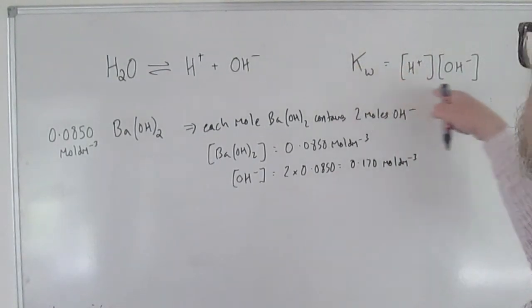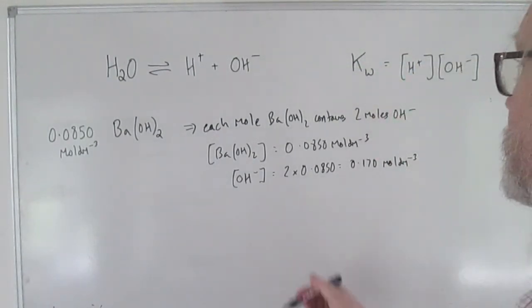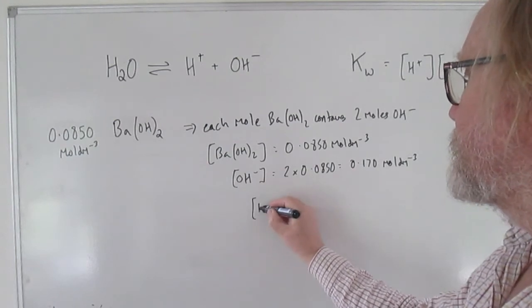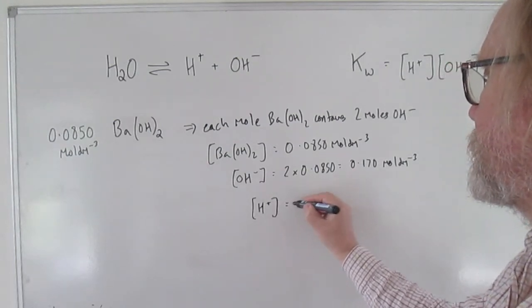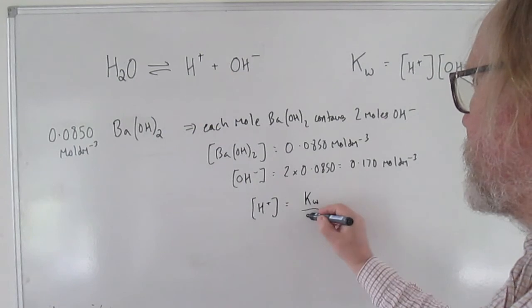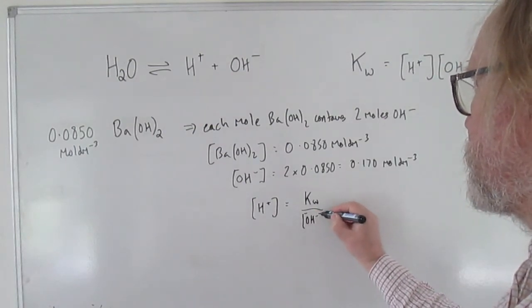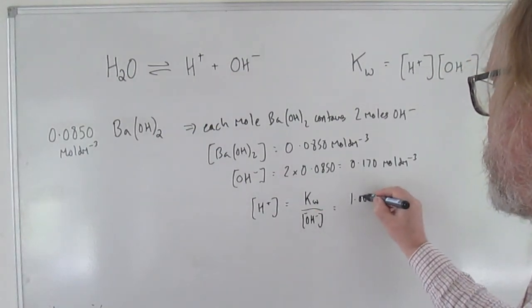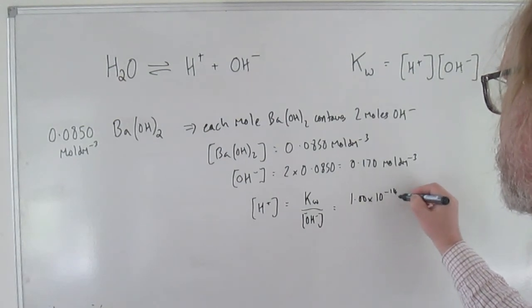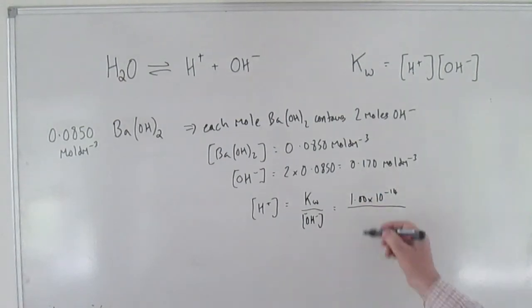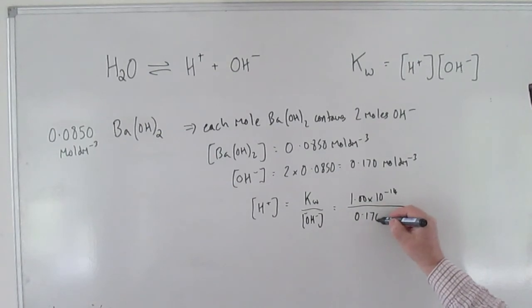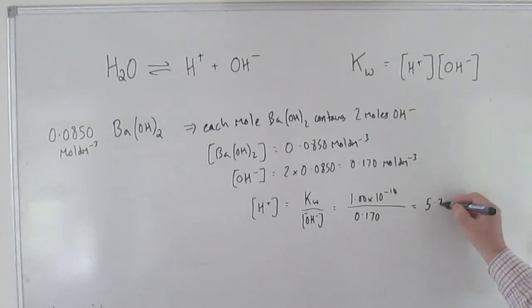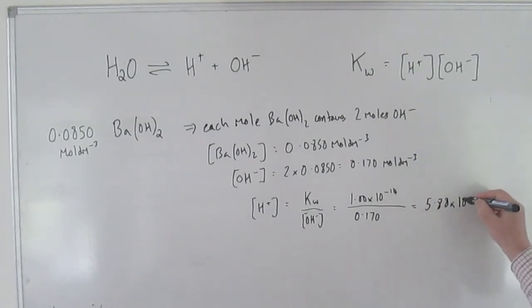So we take this and rearrange our Kw expression to get H+ is equal to Kw divided by OH-, which is 1.00 times 10 to the minus 14 divided by 0.170, which comes to 5.88 times 10 to the minus 14 moles per dm cubed as the H+ concentration.